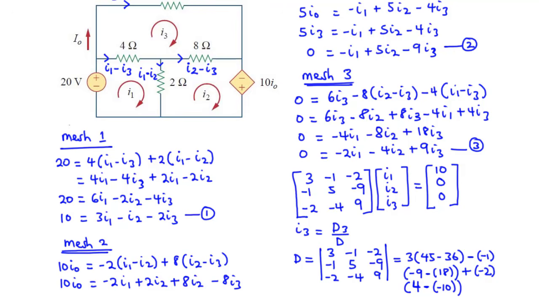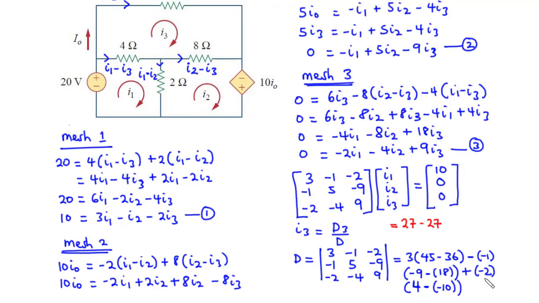Now let's simplify this. So we are going to have 45 minus 36 to be 9. So 3 times 9 is 27. Again, we have negative, so this becomes positive 1. And then we have -9 minus 18, that is -27. So positive 1 times -27 is -27.